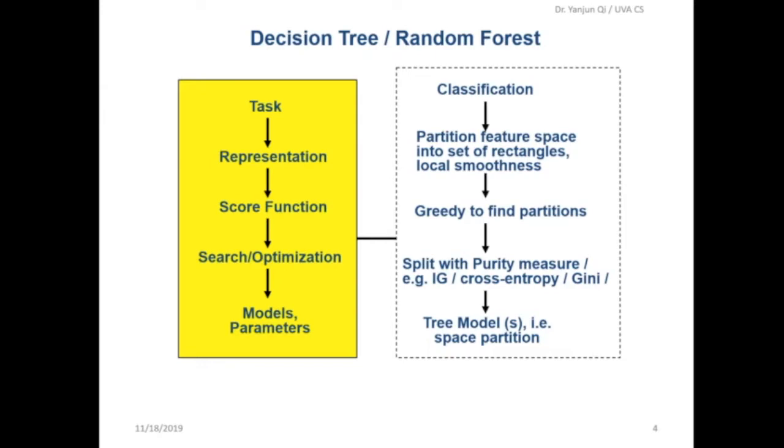The fundamental component is what feature to use to split the data set into children nodes. There are ideas called information gain, Gini, and chi-square or cross entropy, which you already tried in homework 4. The final model is normally a tree, which is essentially a space partition model.